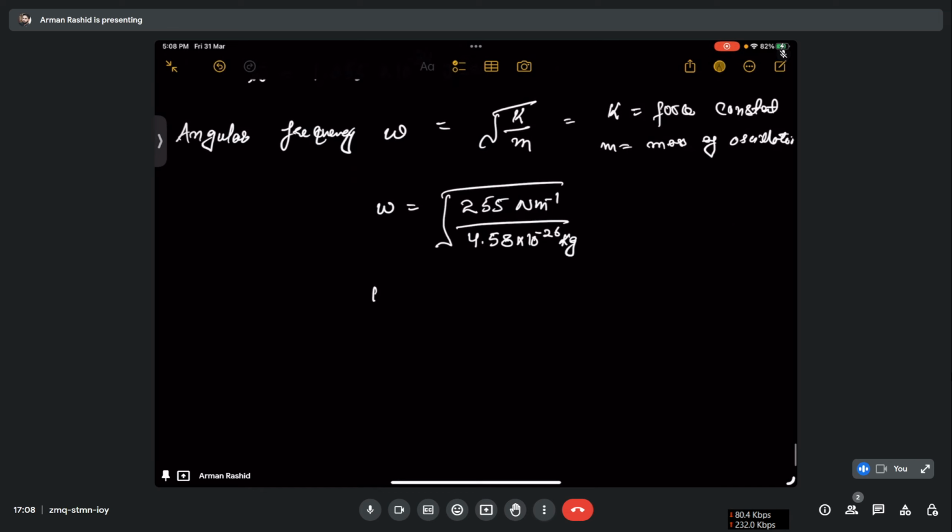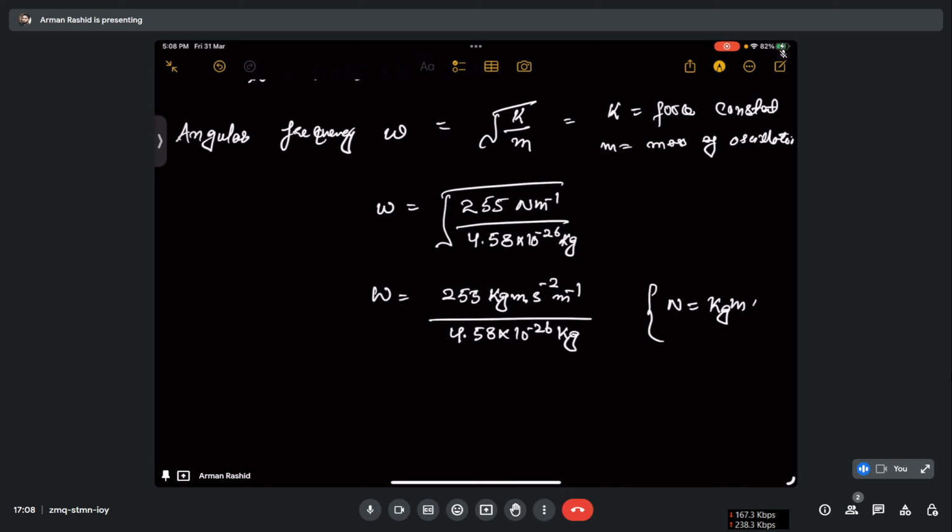Now what we will do is calculate this. How I have done it is we know that 1 Newton is equivalent to kg meter per second square. It is force.